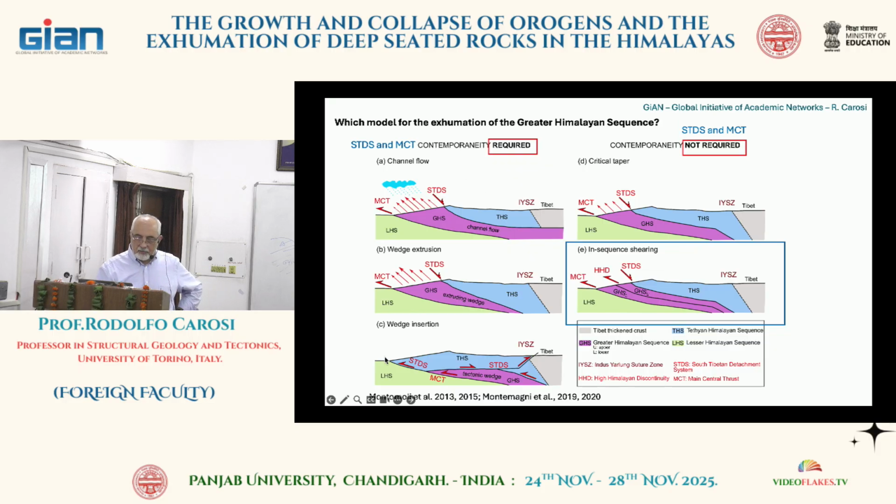So this model cannot be applied all over the belt because of the different timing of this normal fault and of the main central thrust along the same sections. In this model, the critical taper or in-sequence shearing, the contemporaneity of these two boundary faults, the upper and lower, is not required. So they work without this feature.